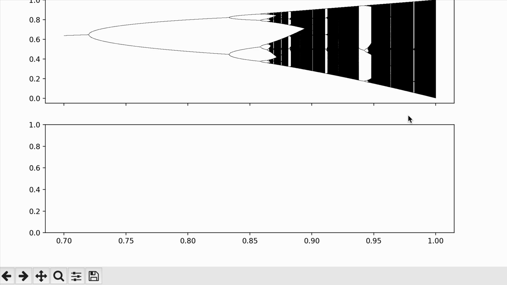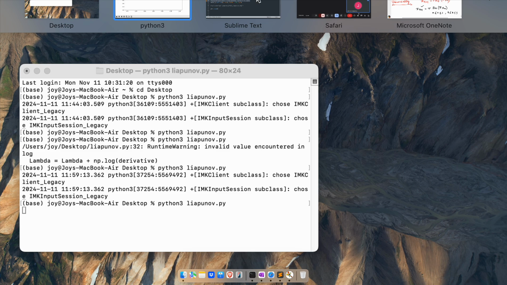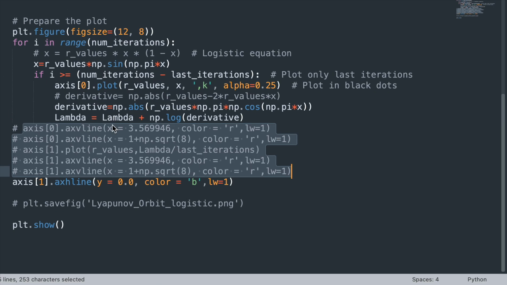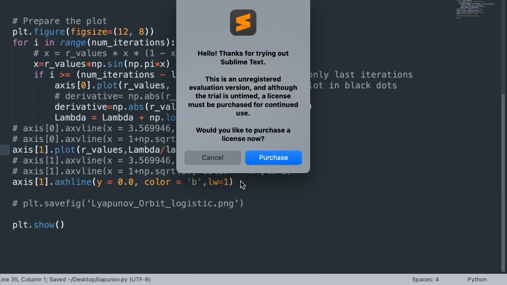Let me draw the logistic equation in the lower panel, then it will be clearer.